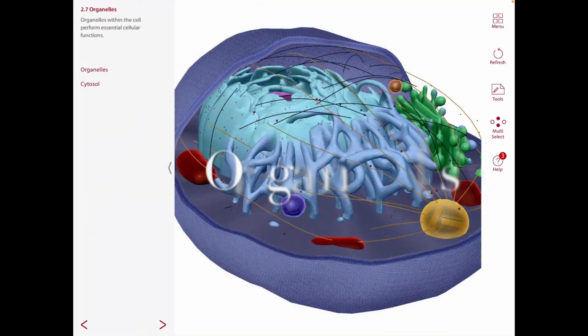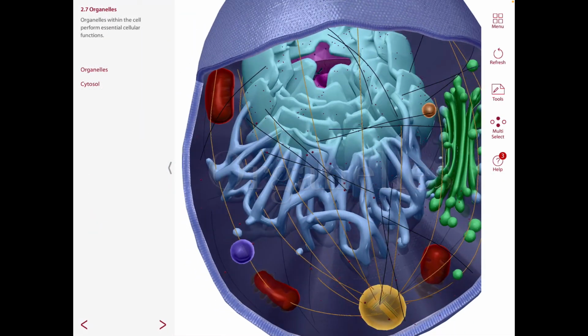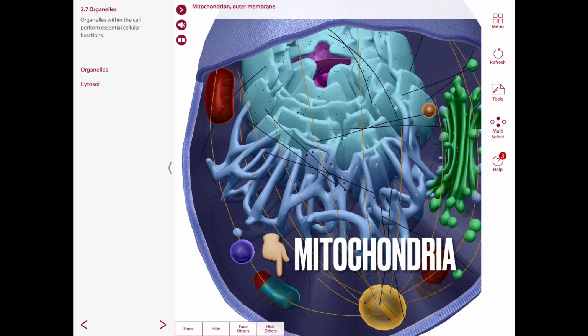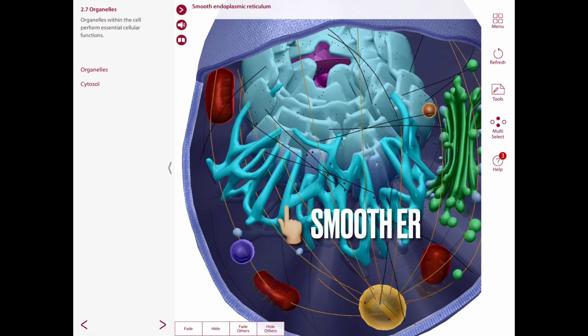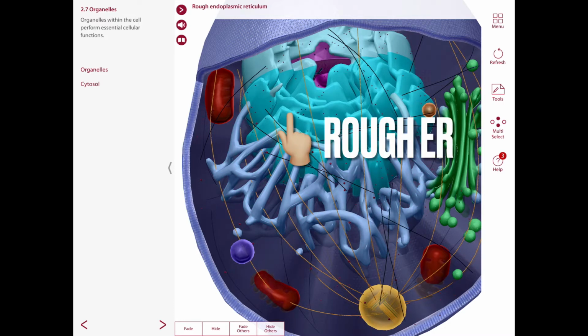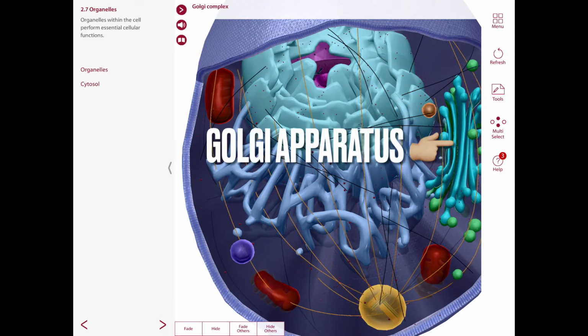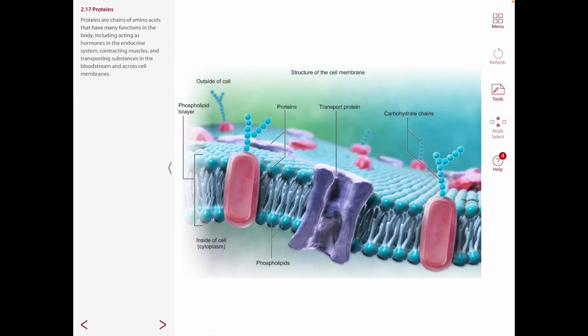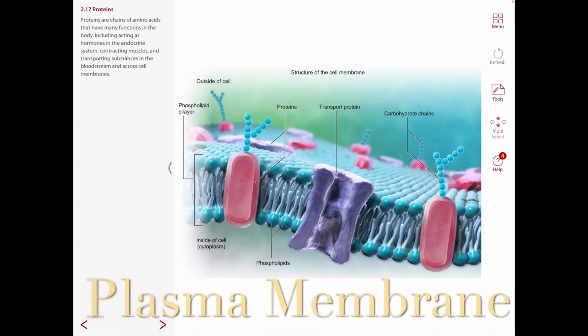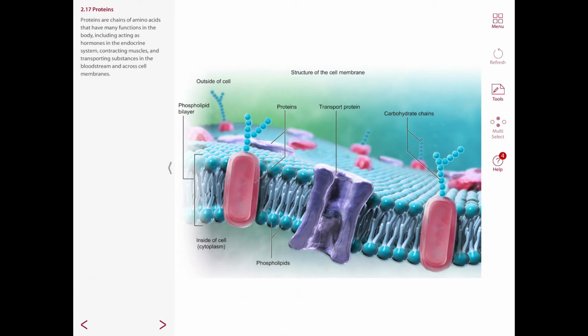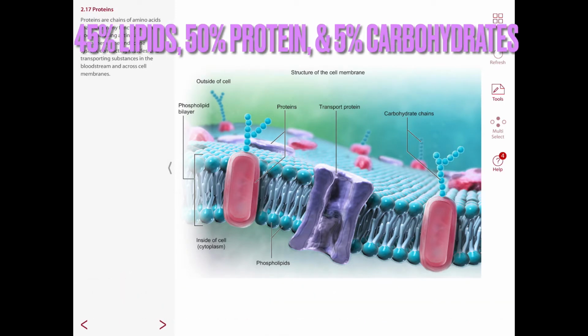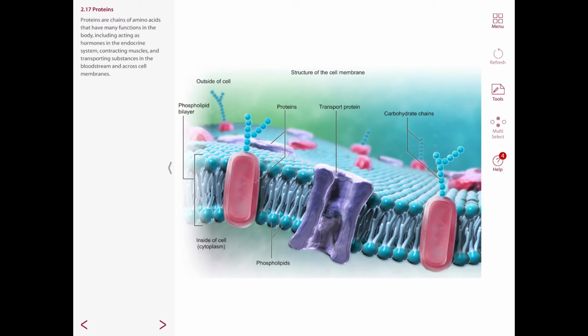And some of the organelles inside of the cytoplasm include the mitochondria, the smooth endoplasmic reticulum, the rough endoplasmic reticulum, Golgi apparatus, peroxisomes, etc. Now the plasma membrane, the structure is about 45% lipids, 50% proteins, and 5% carbohydrates.